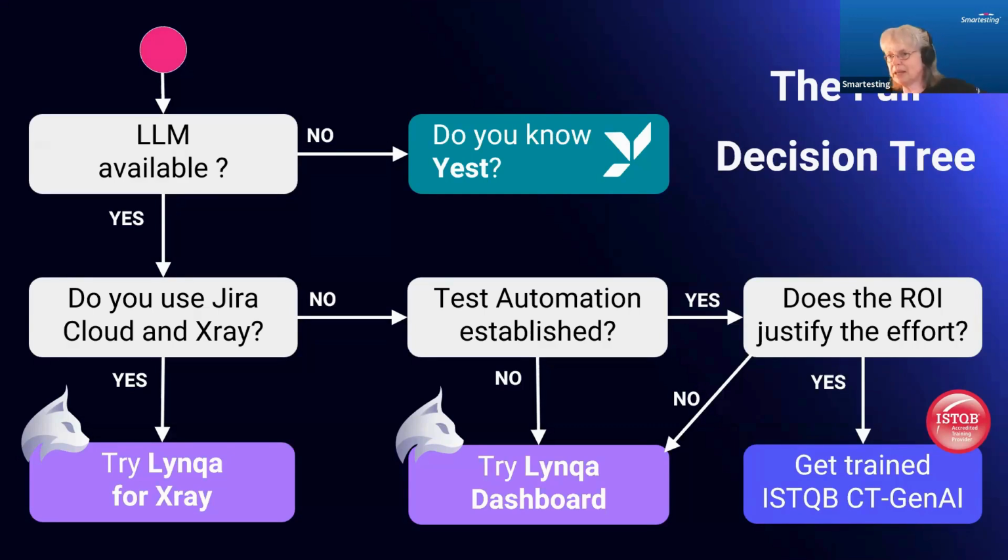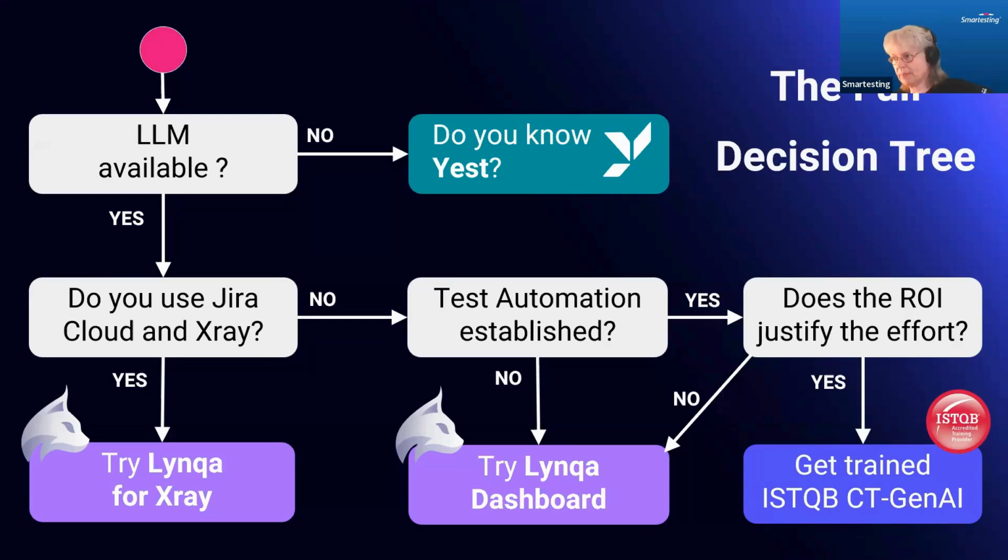So, in my opinion, this is the full decision tree. It first starts with: do you have an AI? Do you have an LLM available in your organization? Because as I see quite often in my trainings, that's not necessarily the case. So if you don't have an LLM, then I invite you to contact me or to go to our website to see our other product, Yester.